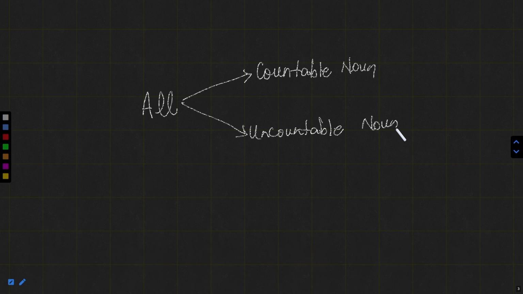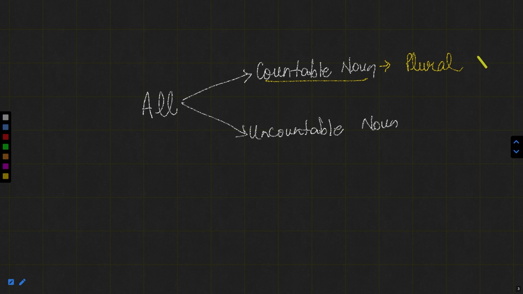So, if we use the word all with any of these nouns, whether countable or uncountable, there is a procedure: if there is a countable noun, it should be plural only. For example, I cannot say all boy.